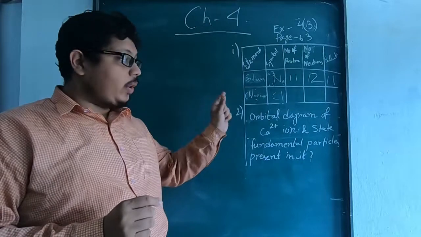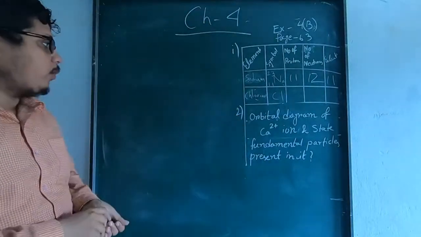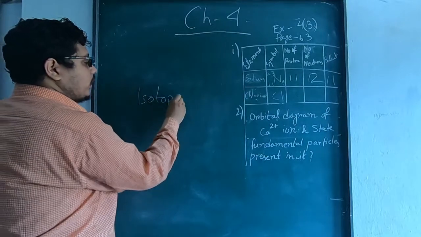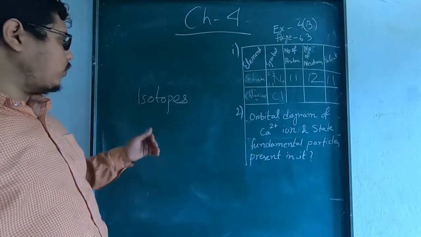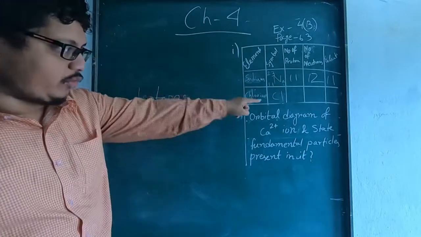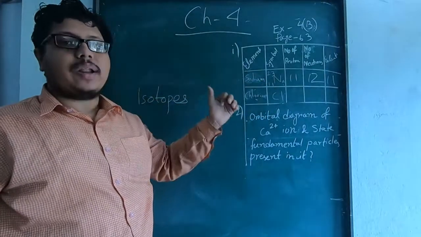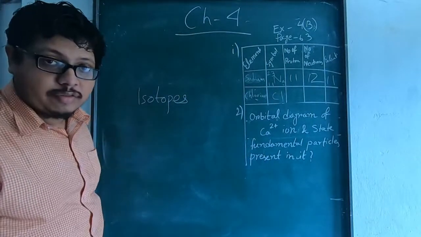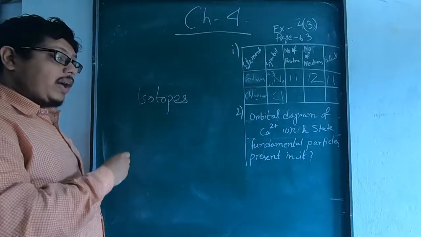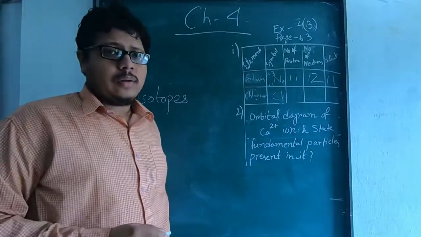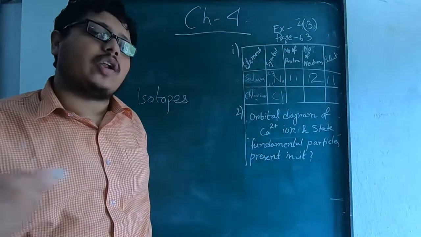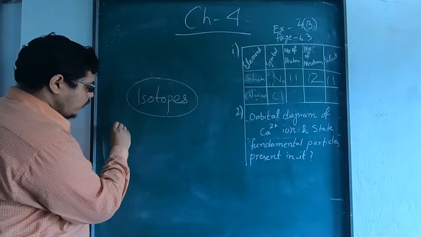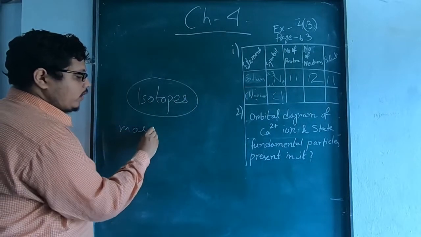Okay, but why this 0.5? There was a question. Chlorine is a bit different. There is a concept of isotopes here, which we are going to talk about later in this class, but we can talk about it right now a bit, because we have to. If I am writing the atomic mass, it is 35.5. However, mass number cannot be in points. Why can it not be in points? Because what is the formula that I have told you so far?